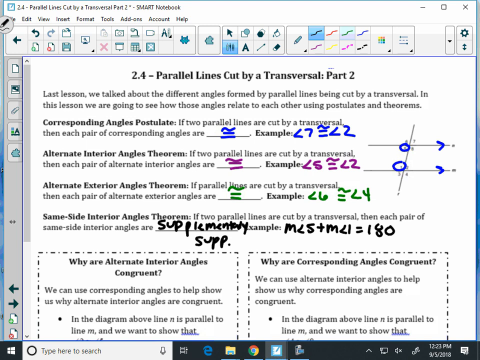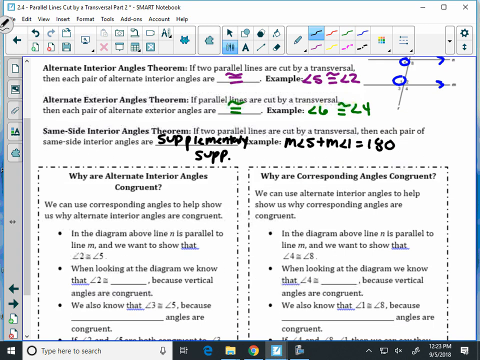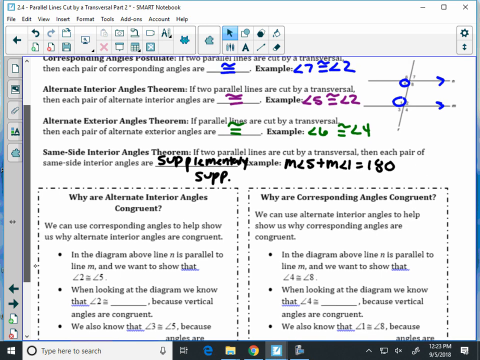Here's the math they did. Why are alternate interior angles congruent? We can use the corresponding angle postulate, which is automatically true. You don't have to think about it. We can use that to see in the diagram why alternate interior angles are congruent every time.